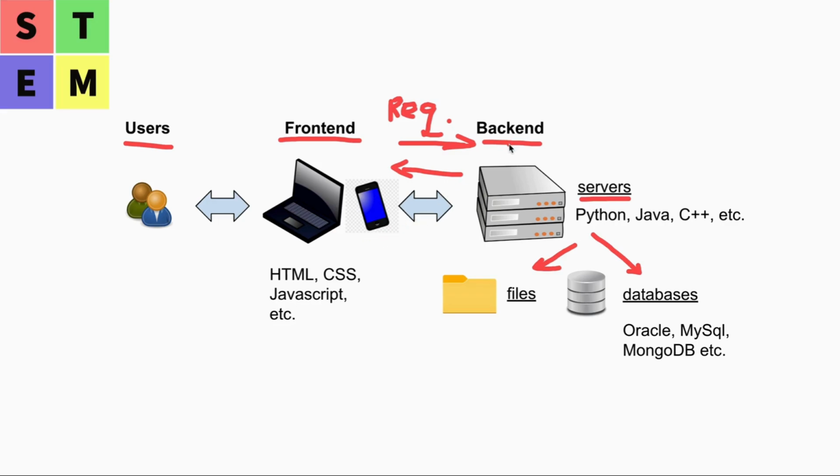And for the backend, for the server logic, we can use Python, JavaScript, C++, C, C#, PHP, and a lot of other programming languages to write the logic of the backend applications.